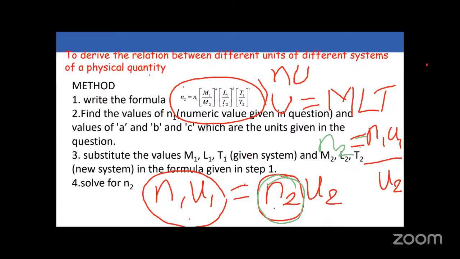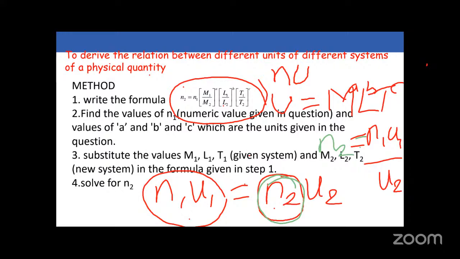So we have N2 is equal to N1 in bracket M1 over M2 bracket close raised to A, then L1 over L2 in bracket raised to B, and T1 over T2 in bracket raised to C. So we have A, B, C.